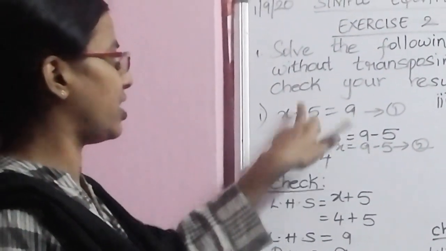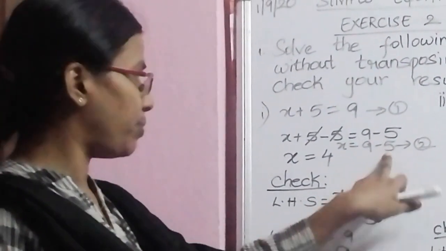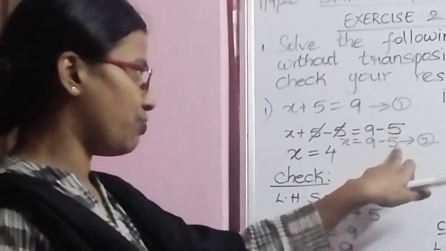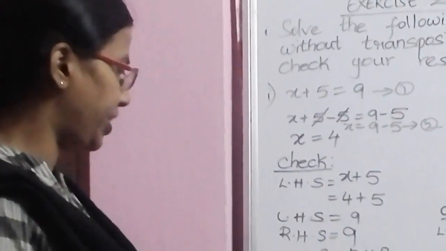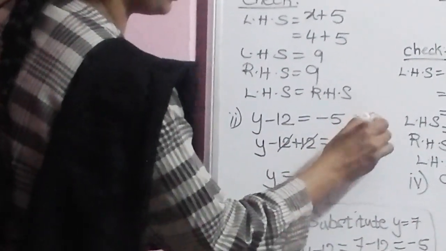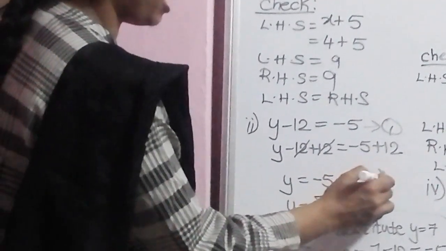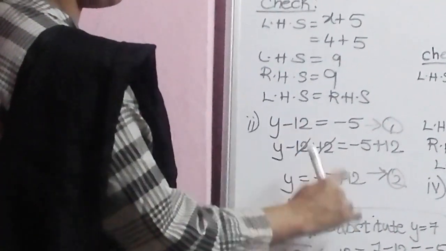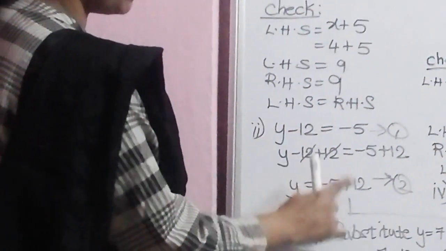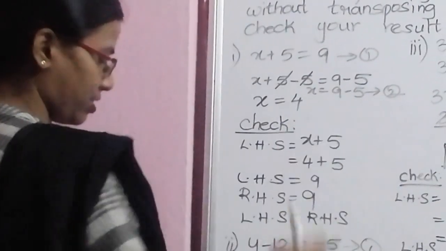Plus 5, when it came to the other side, it became -5. Look at the second example. Here -12 is there. This is the first equation. This -12, when it came to the other side, it became +12. Minus became plus. And here plus became minus.